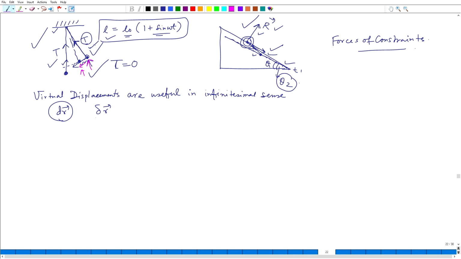Virtual displacement says that no, you are making two setups, maybe two in reality, or one setup in reality and another one you are thinking in your brain, and then you fix your time point.